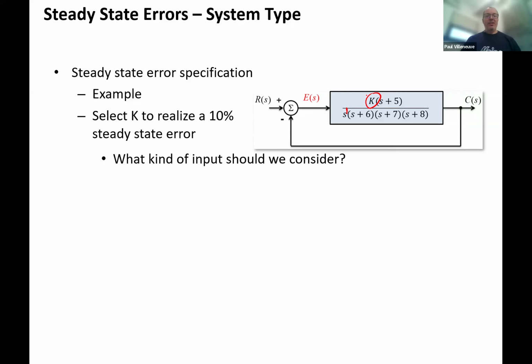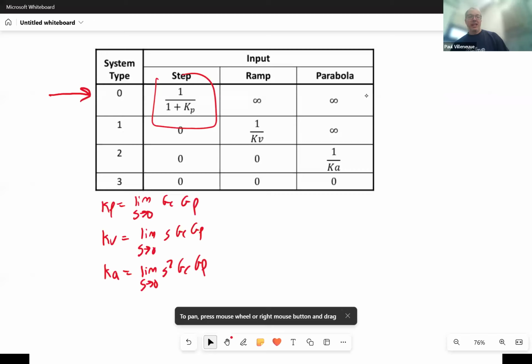Now, for a type 1 system, what type of input should you consider? Go back to our table. It's a type 1 system, so I'm moving down to here. I know for a step input, you're always going to get 0. It doesn't matter what the value of gain K is.